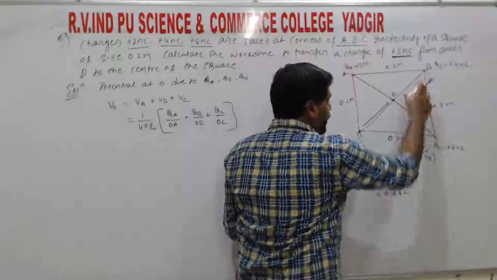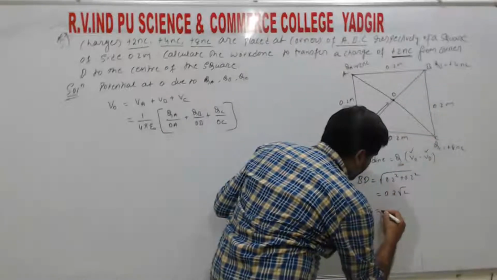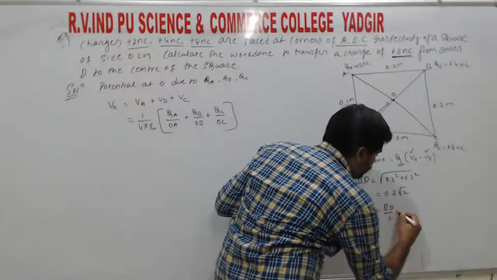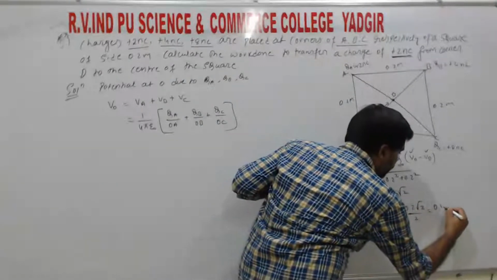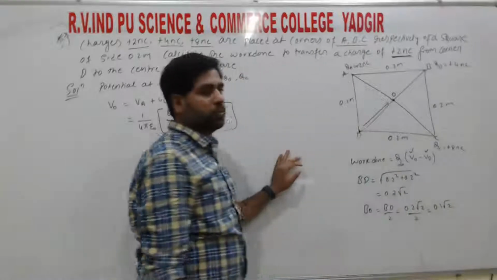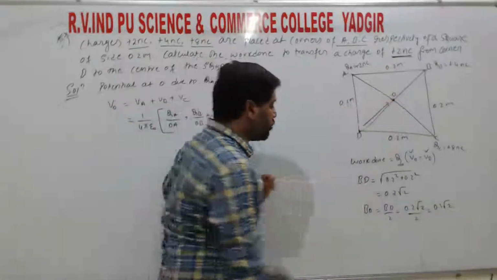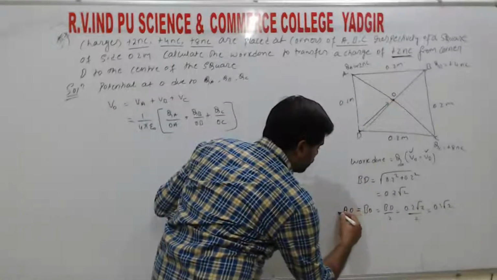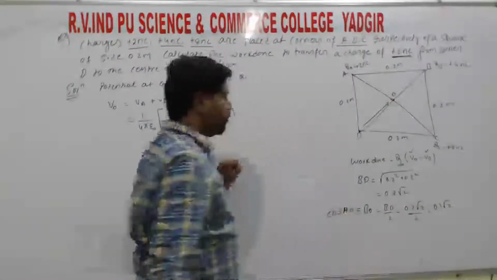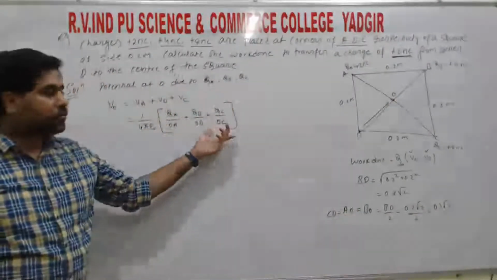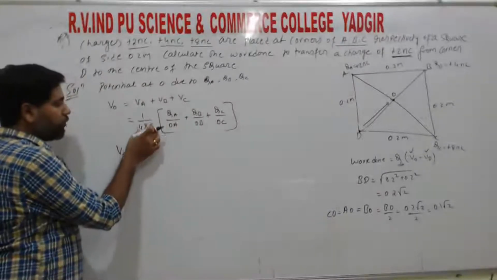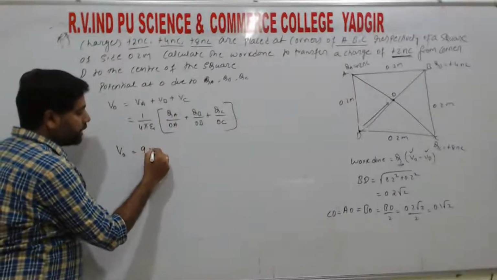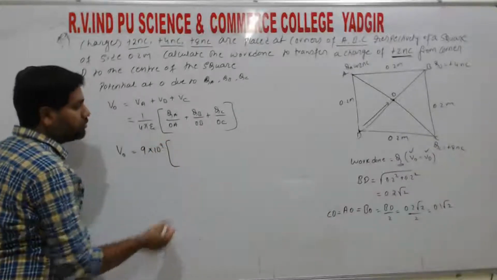So we need VO, right? So VO is equal to BD divided by 2. So 0.2 root 2 divided by 2 is 0.1 root 2, right? So this is equal for AO, BO and CO. Substituting here we get the potential VO. 1 by 4 pi epsilon naught value is 9 into 10 to the power of 9, right?